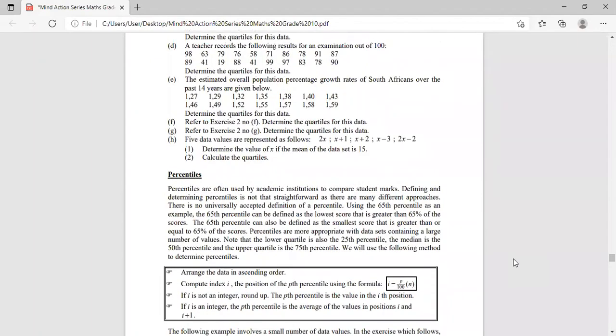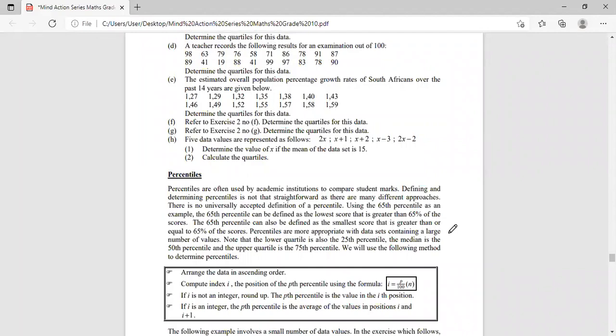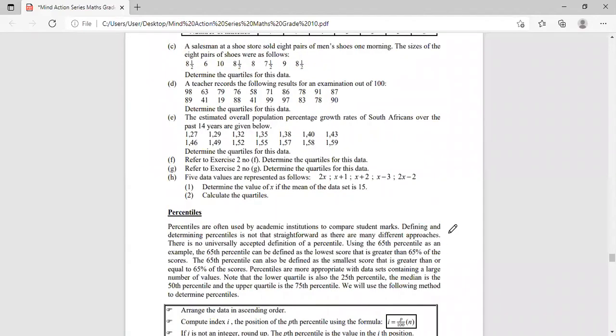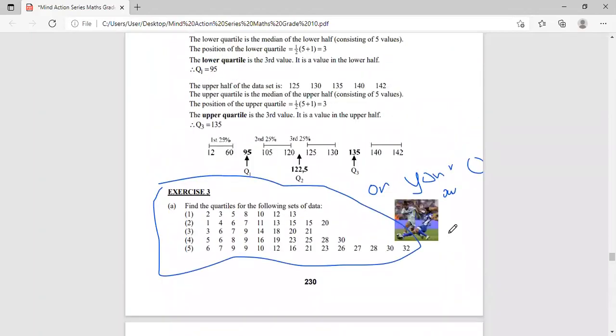Percentiles. I think I sent a summary of percentiles, so I'm going to explain the percentiles. Is there anyone who struggles with quartiles? Raise your hand if you're struggling with quartiles. If you are, let me know, otherwise we move into percentiles.